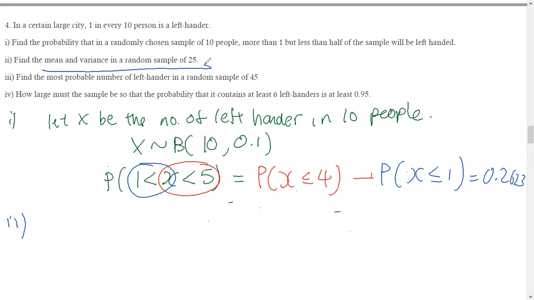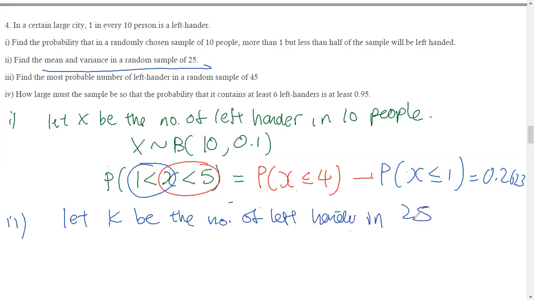If the sample size changes, by right we have to change the random variable also. So maybe we let K be the number of left-handers in 25. To be strict, if you change the sample size, we must change the random variable. So K will be binomial 25, 0.1.